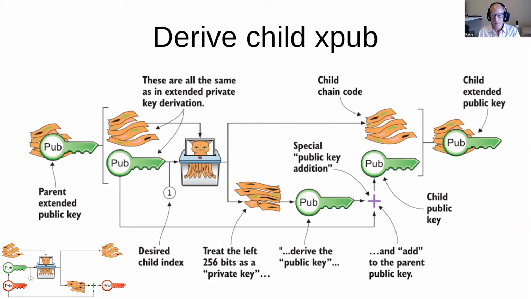So you can view this as a private key, and then from this private key you can derive the corresponding public key, and this public key is added to the parent public key, just as this private key down here is added to the parent private key. But we use a slightly different, or a very different, add operation here.